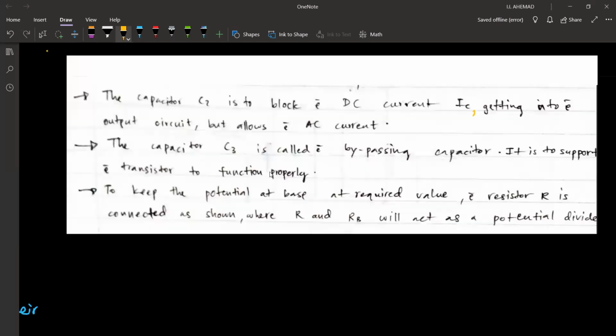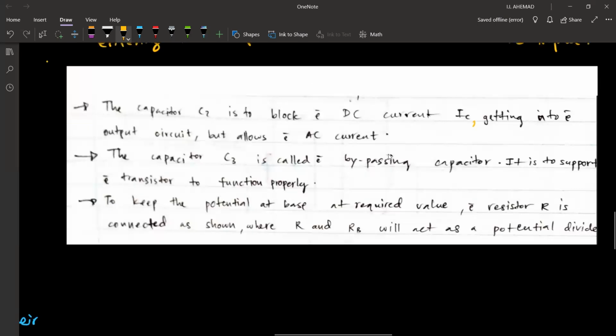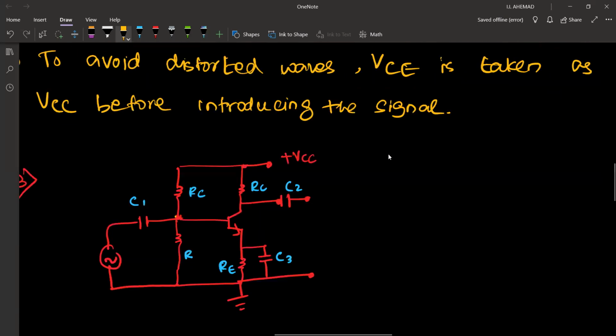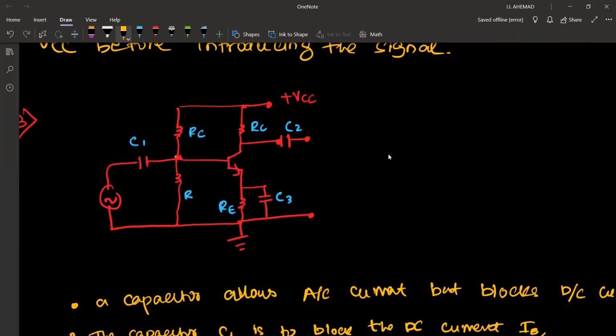So here, this C3 capacitor, we call it the bypassing capacitor, that is to support the working of the transistor. The reason is, when current is continuously flowing through this transistor, the transistor gets heated up. When this is heated up, more electrons and holes will be formed.